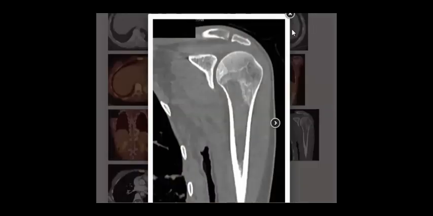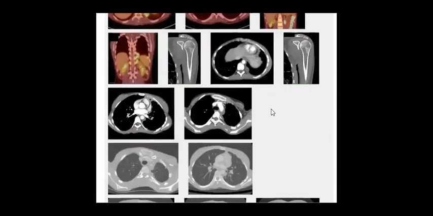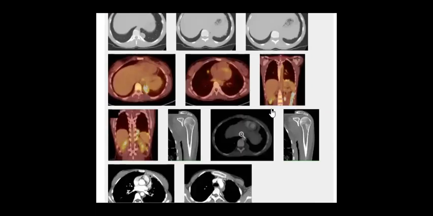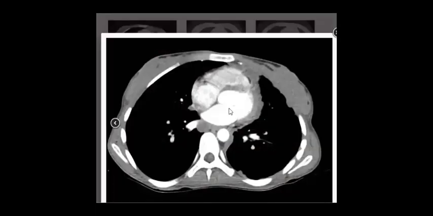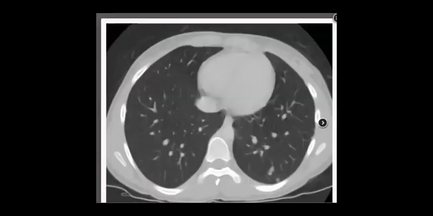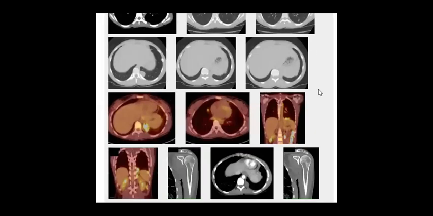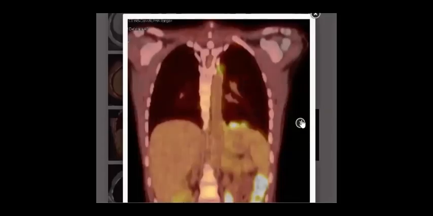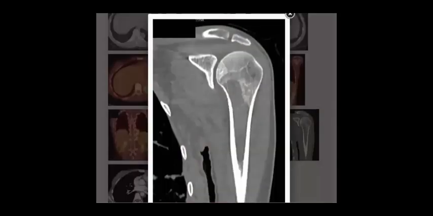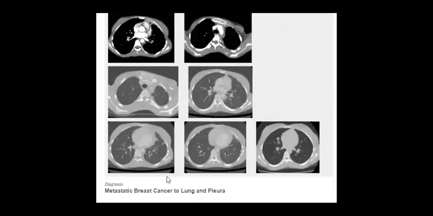It won't show you the bone metastasis, maybe. So including the lung, the pleura, there is pleural metastasis and lung metastasis in this case. Yes. So this is what it was. It was breast cancer, sending metastasis to lung and pleura.